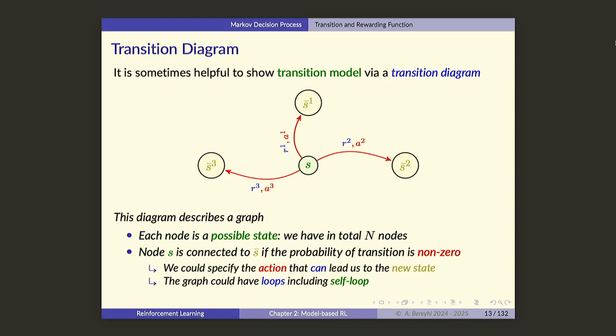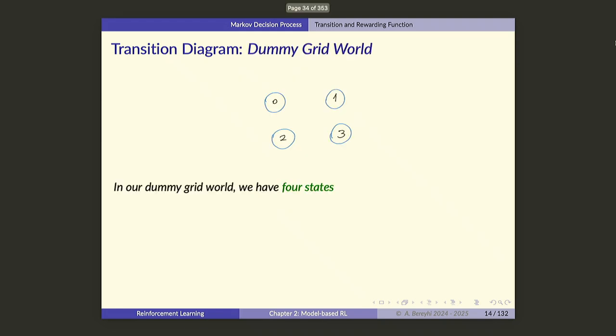I'm not showing the complete diagram because the other states also have their own directions. Maybe from this one, you get into this state, and so on. But every arrow that you show essentially represents the kind of transition you can have from one state to another. Now, let me do this for this particular example in a grid world, and it's going to be much easier for you to understand.